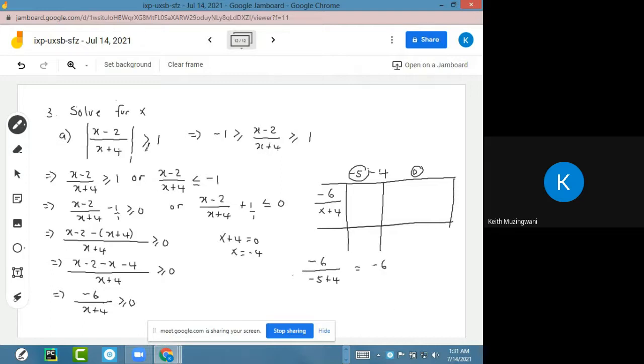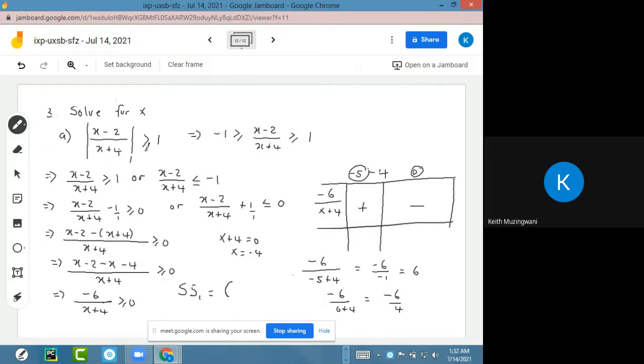This is negative 6 over negative 1, which is 6, which is positive. When x is 0, we'll have negative 6 over 0 plus 4, which is negative 6 over 4, which is negative. So our solution set 1 here, we want where it is greater or equal to 0. Remember, whenever it is greater or equal to, get the positive.